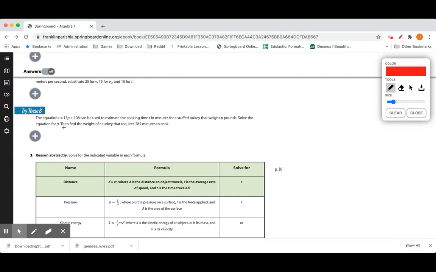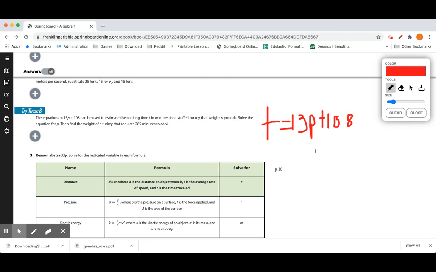Solve the equation for P, and then find the weight of a turkey that requires 285 minutes to cook. Okay? We want to make P by itself instead of the T. So T equals 13P plus 108.